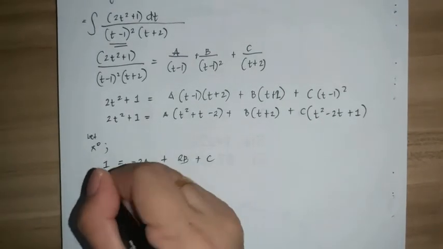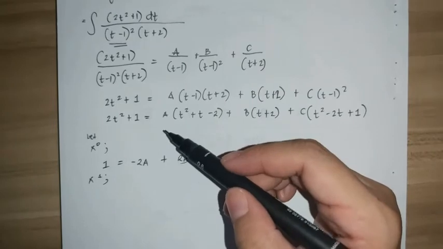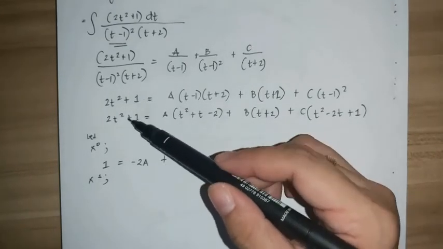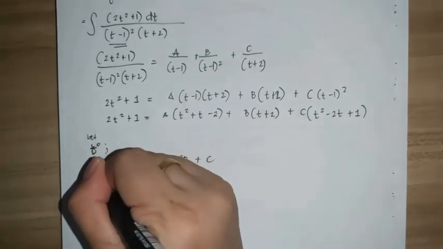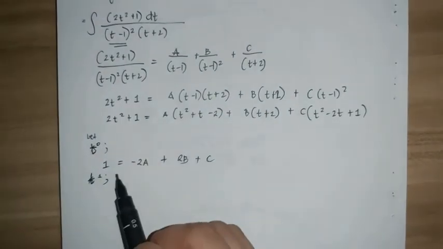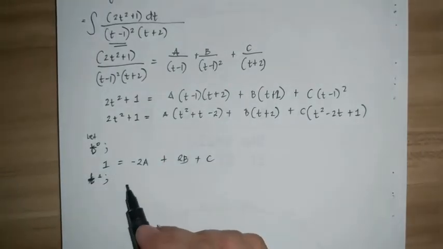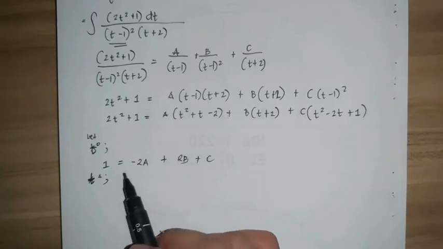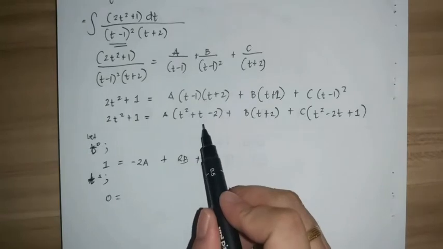At x raised to 1, we are in terms of t actually, so maybe we will write it in t, sorry. So t, we have t that is equal to 1, that's none. So on the left side, but for the right side, we have t here.